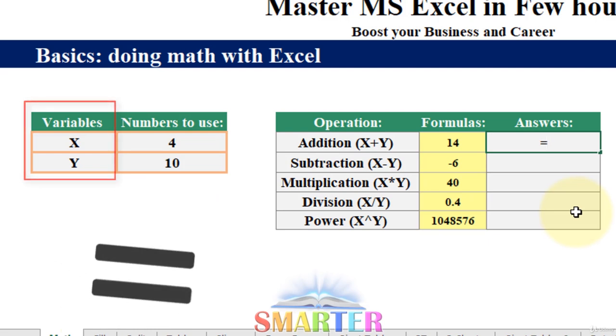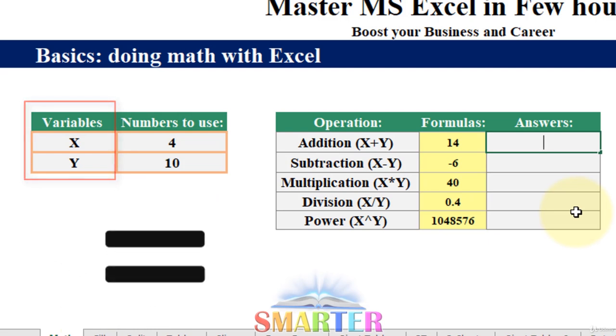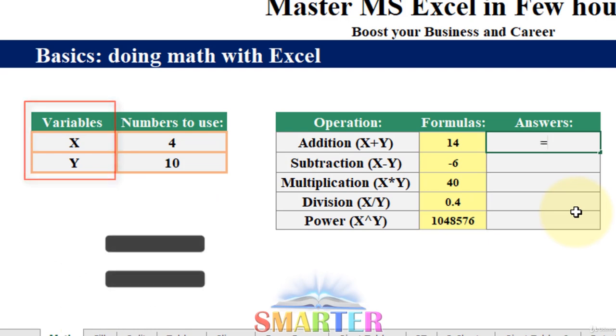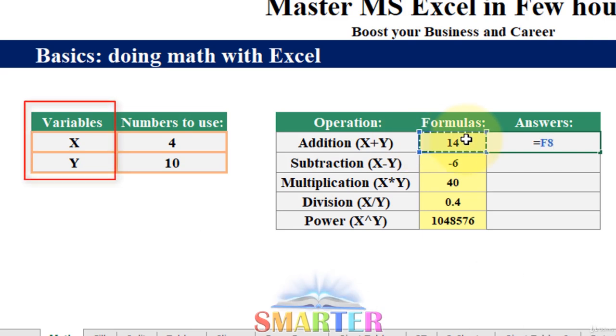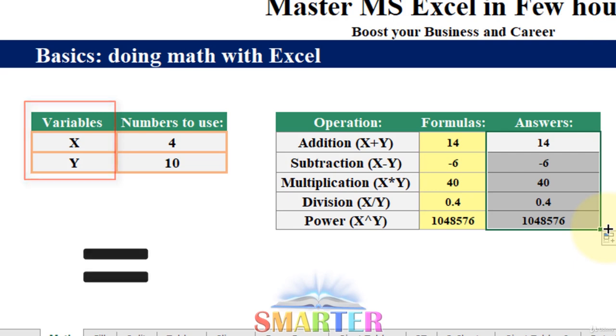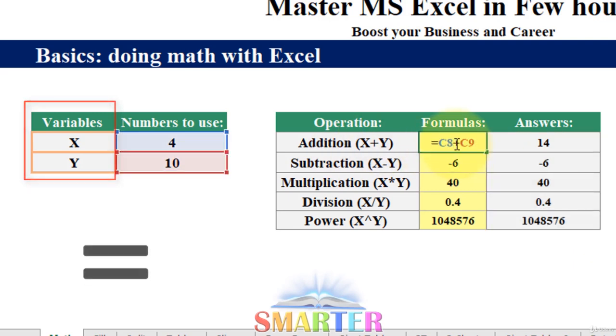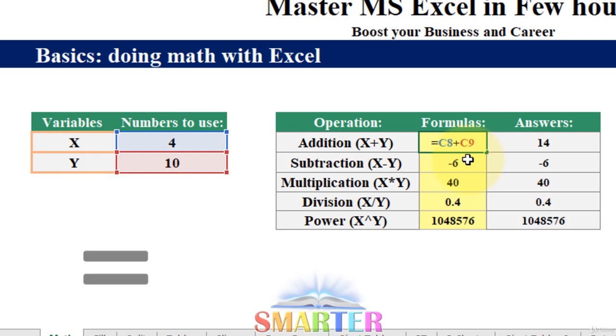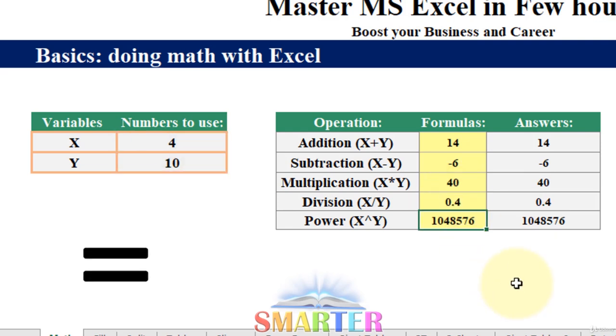If you want to write the answer in the answer column, just press equal sign and reference this cell or formula cell, and use drag to repeat the formula. And now this is the formula of addition, this is the formula of subtraction, this is the formula of multiplication, this is the formula for division, and this is the formula for power.